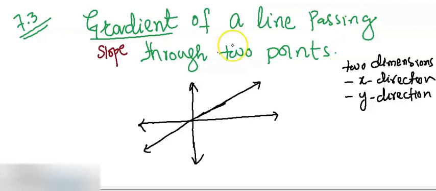So what is the gradient or slope of a line that is passing through 2 points? Suppose this is passing through 2 points. Let's say this is one point A, x1, y1, and let's call this another point B, that is x2, y2. So we are interested in looking at what is happening to the direction of y when we are changing x.